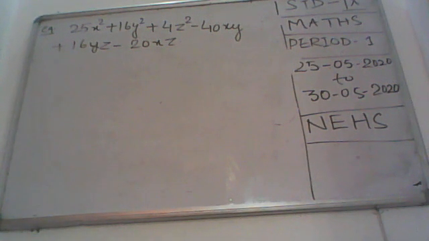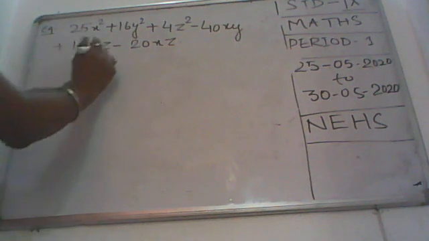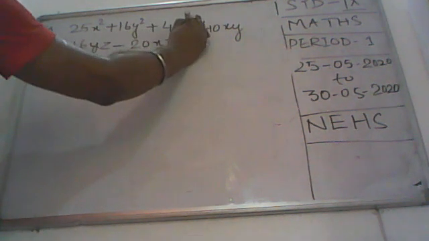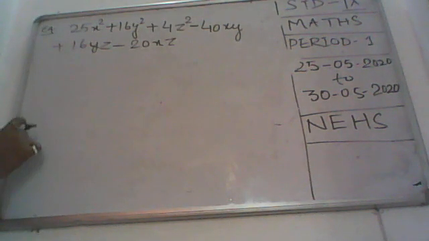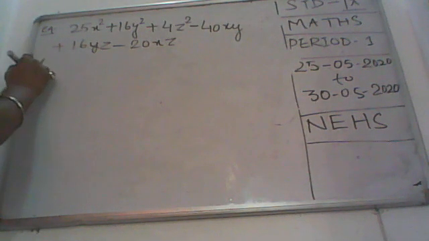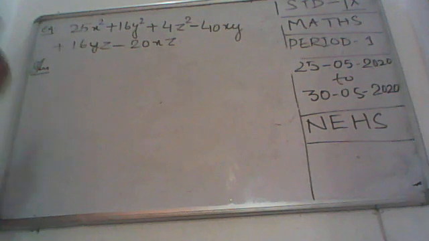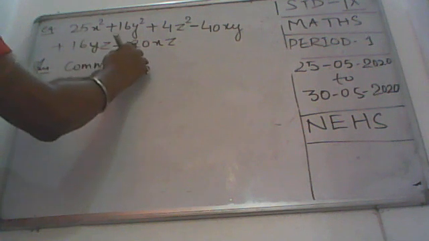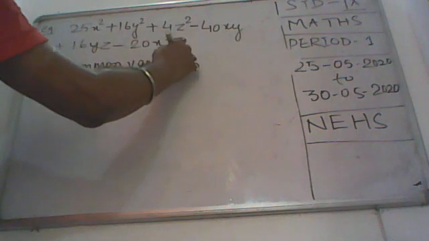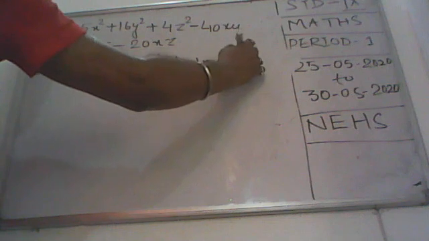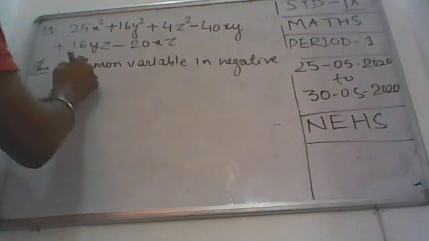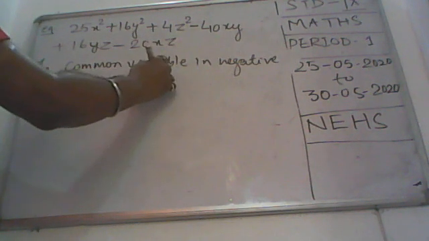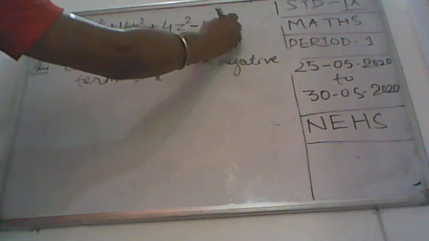How? See this. Whenever you find two negative terms, understand here that the common variable is negative. What is common in the negative terms? That is x. Here see x, here also x.